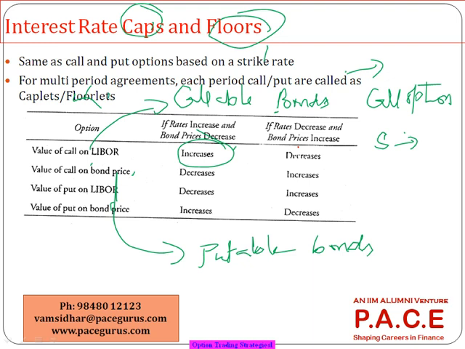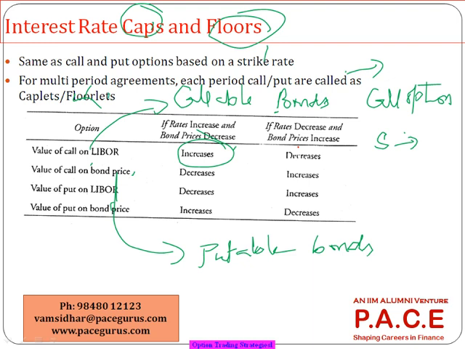If the interest rates cross this particular level, we will still pay only at this rate. And bonds which are issued following a similar logic, we are calling them callable bonds, because there is a call option. Though the call option is present on the bond, the bond is indirectly linked to the interest rates.